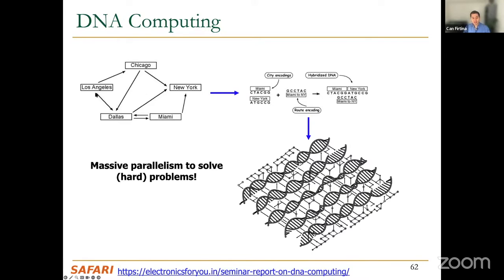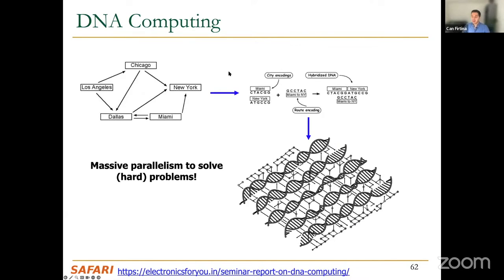Meaning, for example, when you have a DNA encoding for Los Angeles and Dallas, they'll have this chemical bond over here, so that they can connect to each other, because in our digital representation of this graph, they have a connection. And what you're wondering is basically, you have this graph, but you don't know the answer, whether there's such a path, right? From one place to another place. And this is actually an NP hard problem.